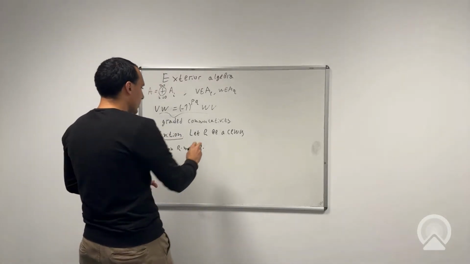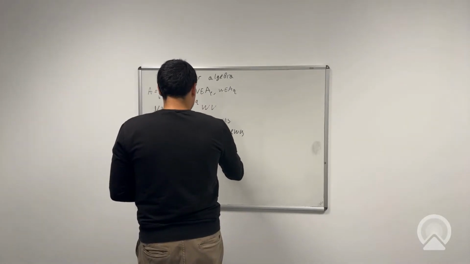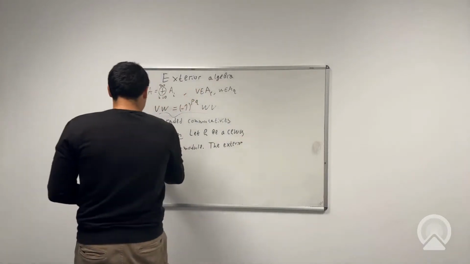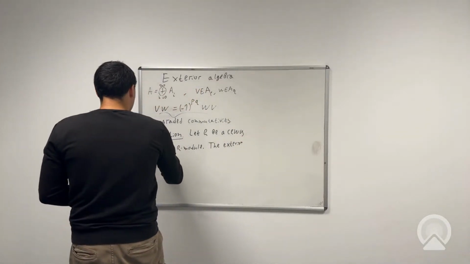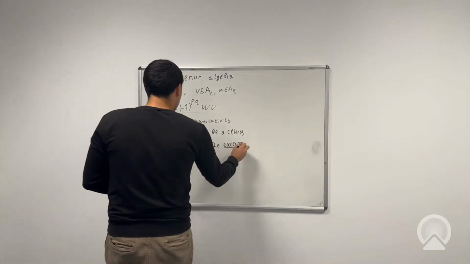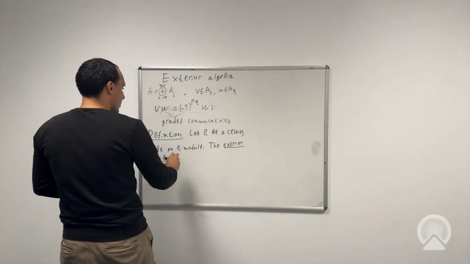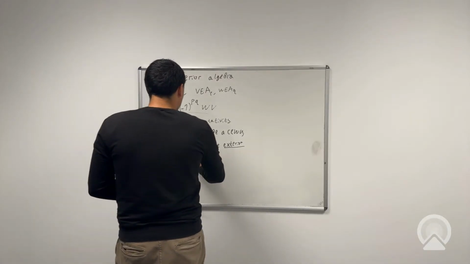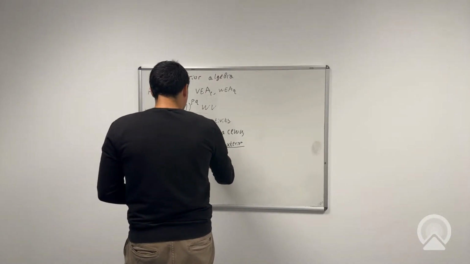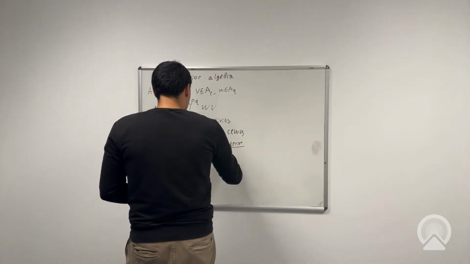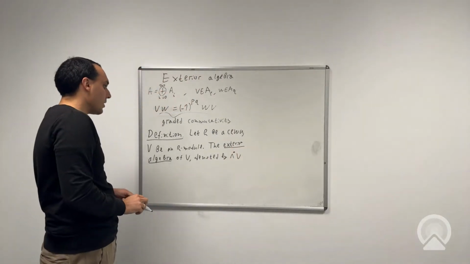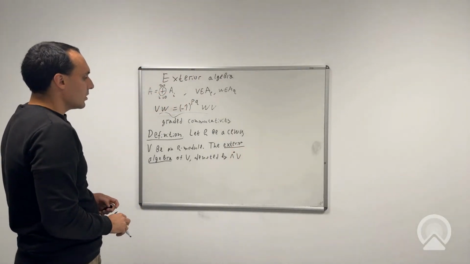And the exterior algebra of V, which is denoted by lambda bullet V. I use this symbol bullet, some authors use it, some do not.